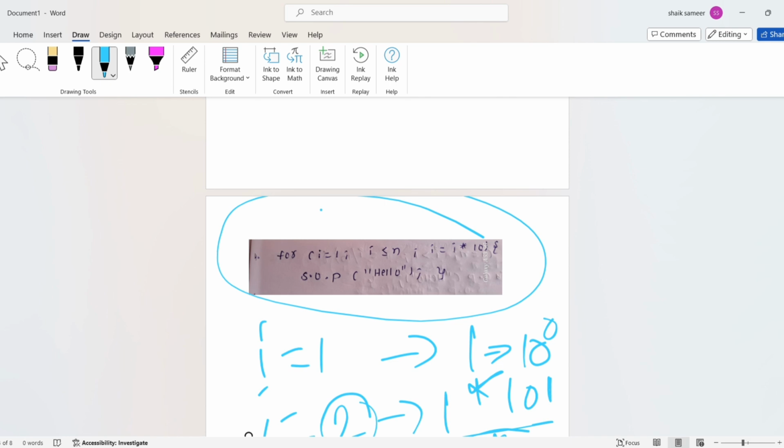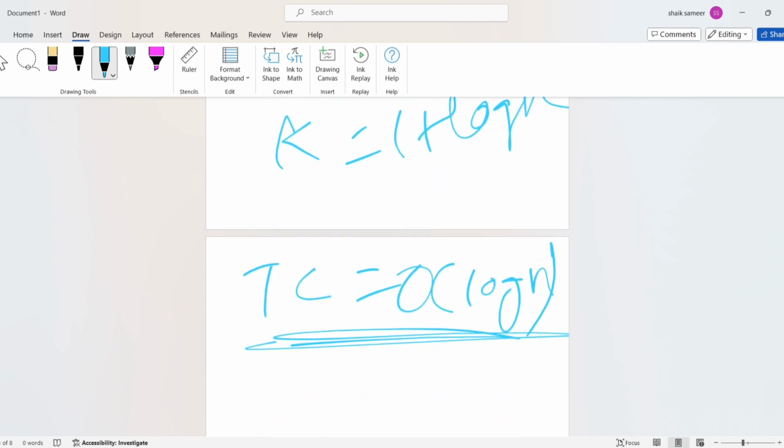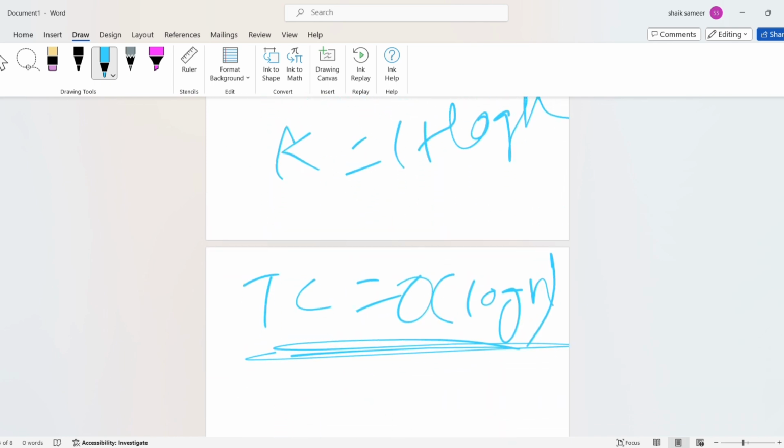Until that value of k, what will the loop become? You check that condition equal to n. In the question it is given i less than or equal to n, so I substituted i equal to n. So you have got the time complexity equal to big O of log n.